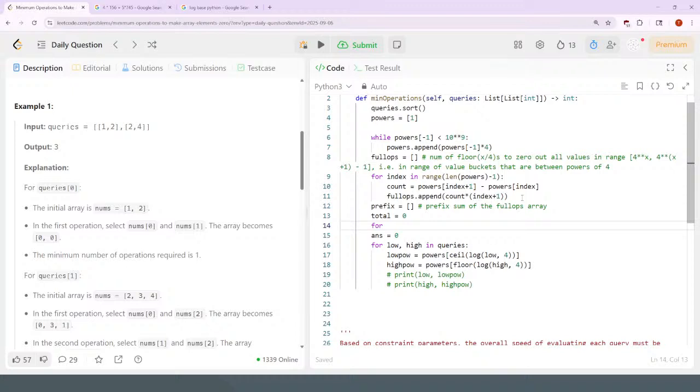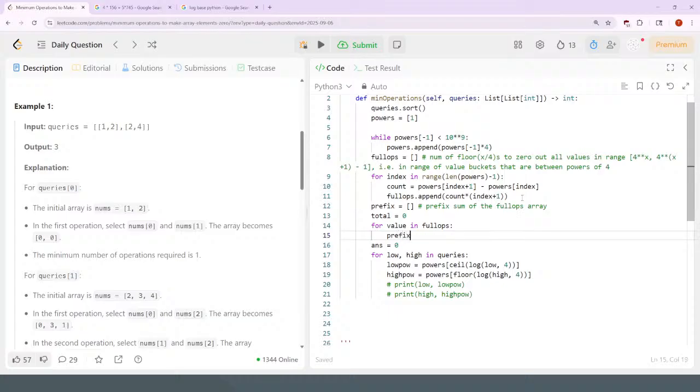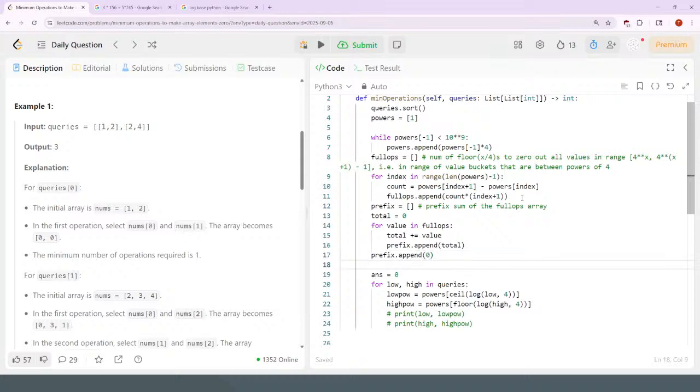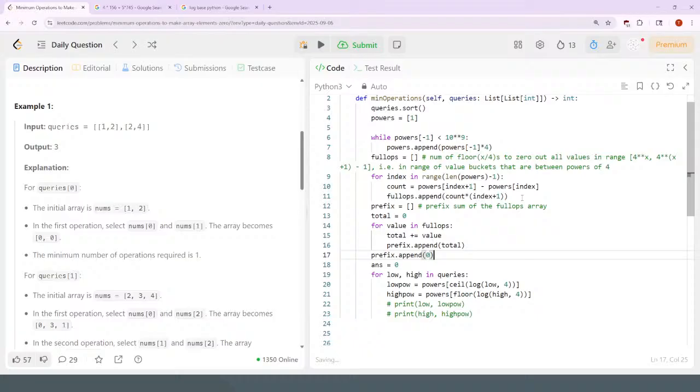For every value in the full ops: total plus equals value, prefix appends the total, and then lastly prefix appends 0. That should work.